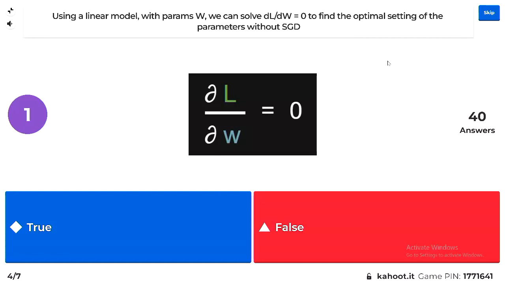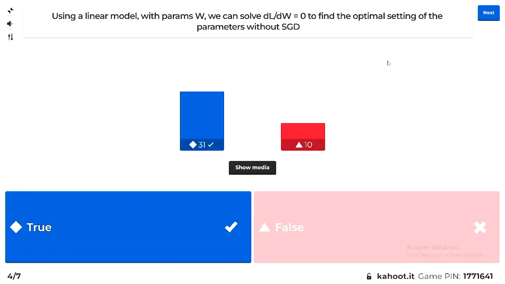All right, yes. This is a bit of a tricky question because I'm not actually telling you how to do it.